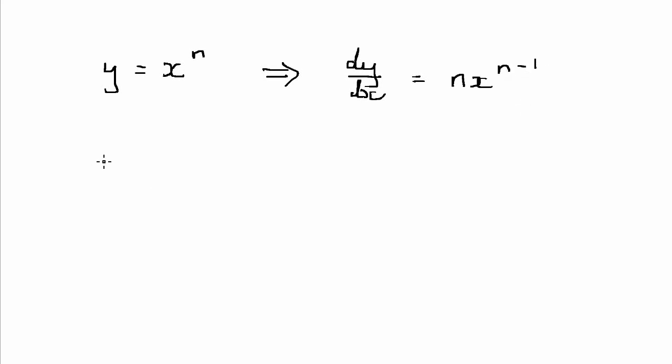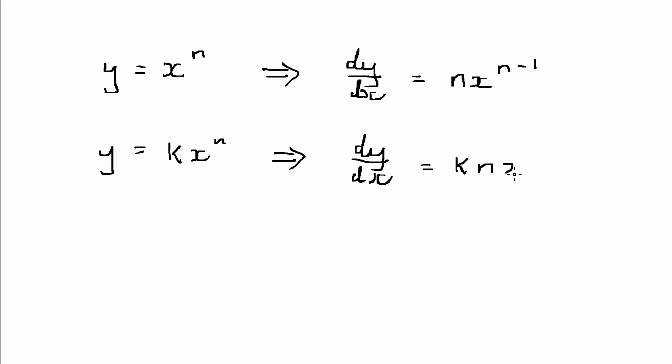We then extended that very slightly to say that suppose it was some number of x to the n's, not necessarily just a single x to the n, then that rule was not much different. This was k times n times x to the n minus 1. And you can possibly see that the first of these rules is actually contained in the second one. It's a special case where k equals 1.